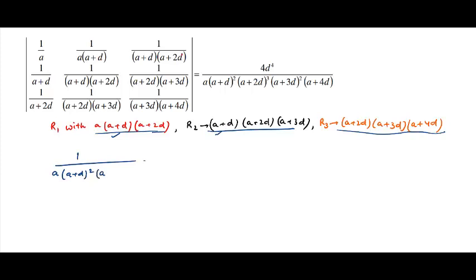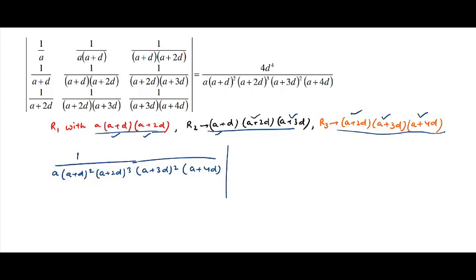Then a plus 2d is at 3 places: here, here, and here. Then a plus 3d whole square, because a plus 3d is here and also here. And then you have a plus 4d, which appears only at this position. So we are done with all the expressions we had to multiply and divide by.